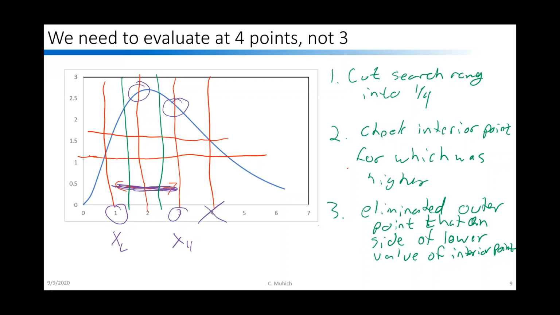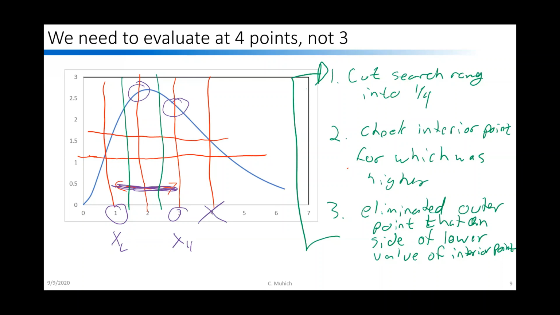Right? So this then gives us two new points, say 1 and 3, and we're ready to start that process again. And we can do this iteratively, just like we did with the bisection method.